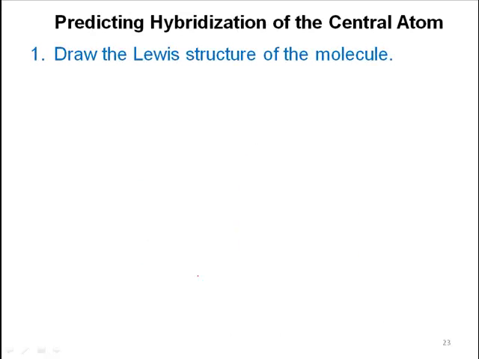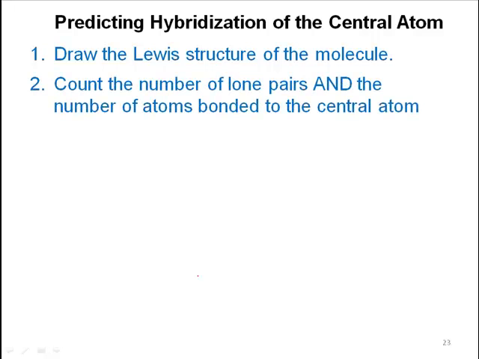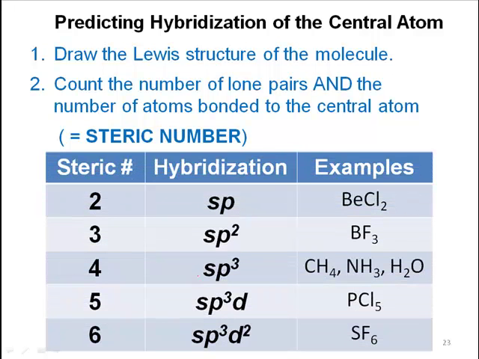So to predict the hybridization on the central atom, we first draw the Lewis structure of the molecule, then count the number of lone pairs and the number of atoms bonded to the central atom. That equals our steric number. If you have a steric number of 2, you're going to have sp hybridization, such as beryllium chloride.